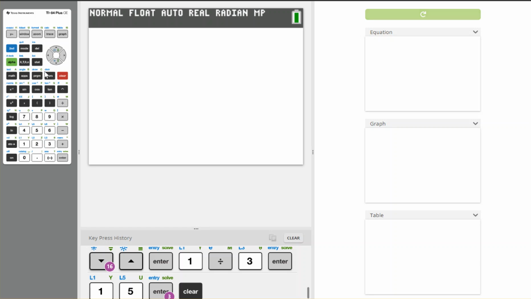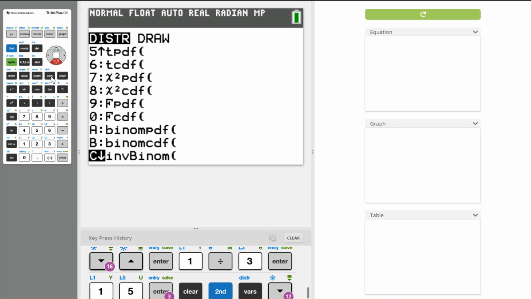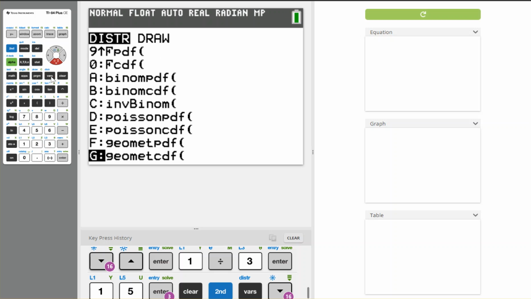So I need to go to distribution. I'm going to hit 2nd and then VARS to bring up my distributions menu. And then since this is a geometric distribution, I'm going to scroll down until I get to the geometric cumulative distribution function here, because I want to know the probability that you win by the 10th roll.